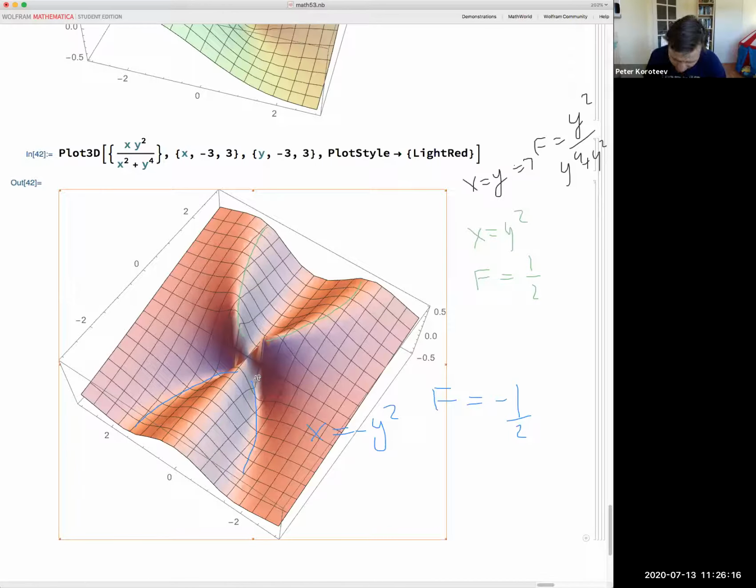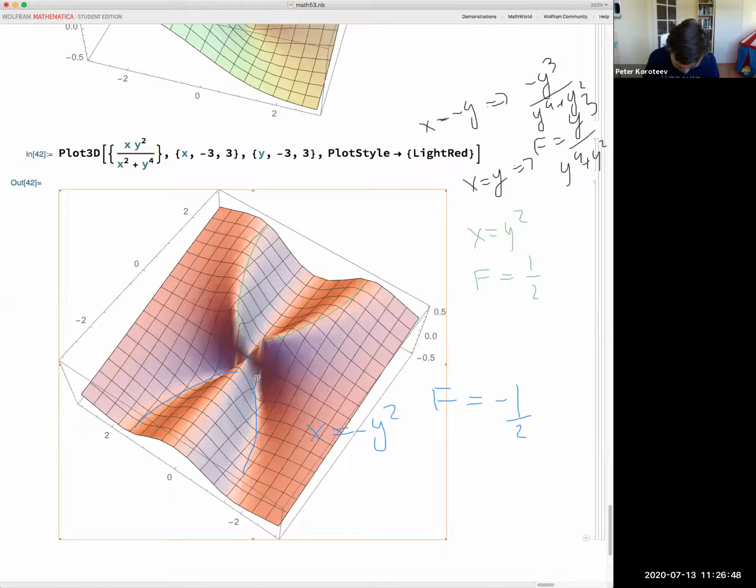So this function approaches 0, and if you pick x equals minus y, it will still be a function that approaches 0. So when x equals minus y, we get minus y cubed over y to the 4th plus y squared. So it also approaches 0. These two lines do not show you much, but these two that Hannah chose actually do.